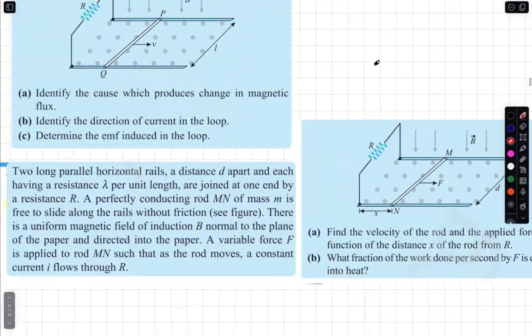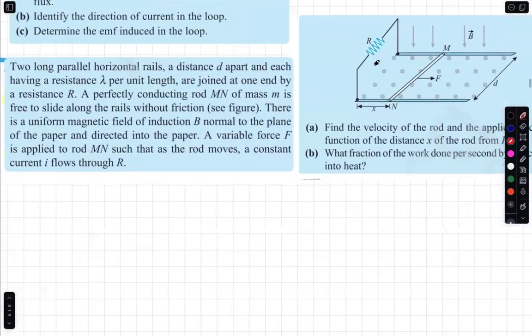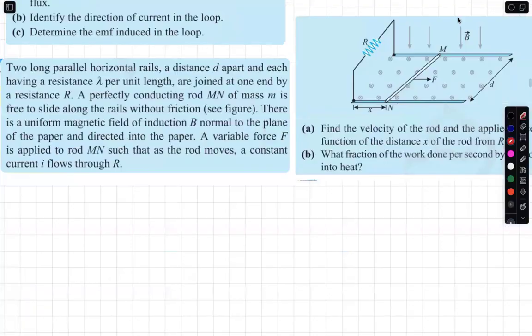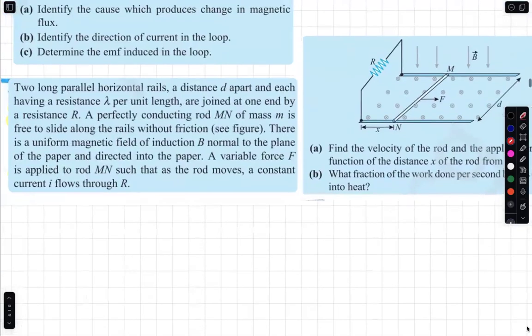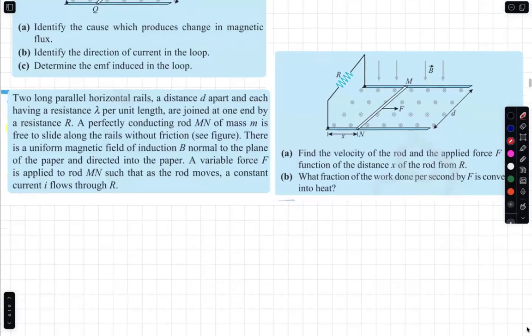It's a simple case. Now we are dealing with a complicated case. What is that complicated case? Two long parallel rails. Read the question carefully, everyone.